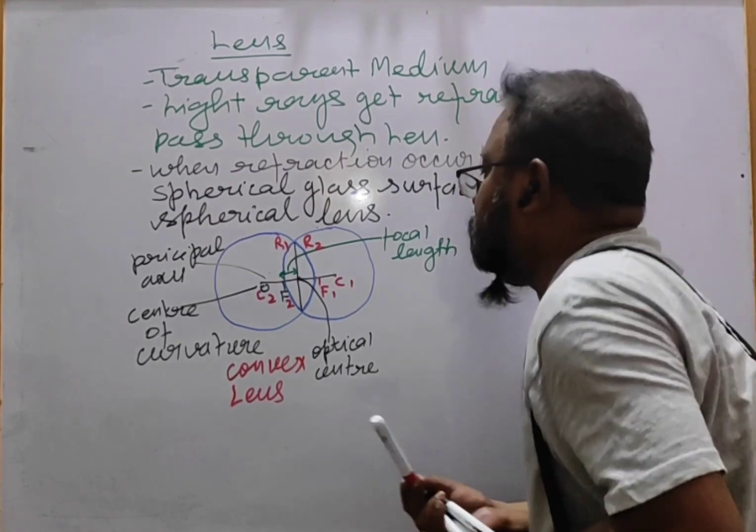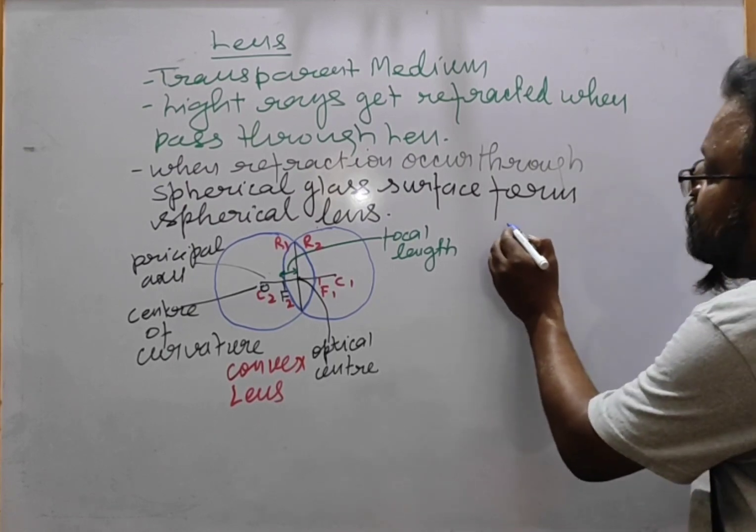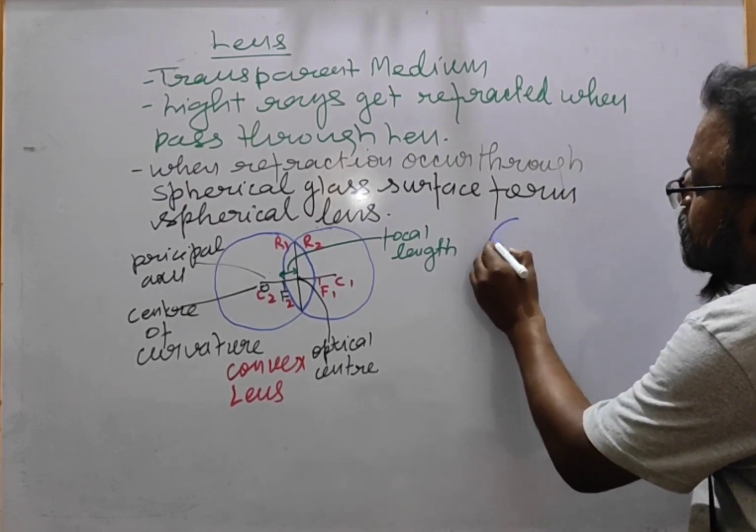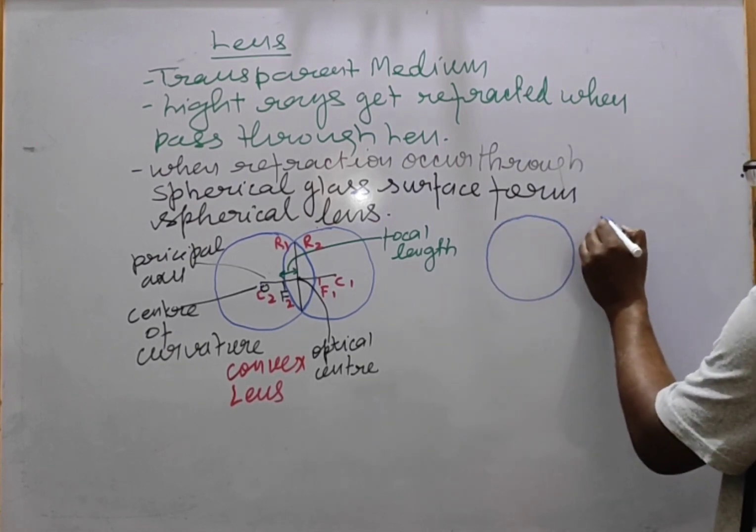Now another type of lens you have, if you keep two spheres like this, one sphere is like this, another sphere is like this.